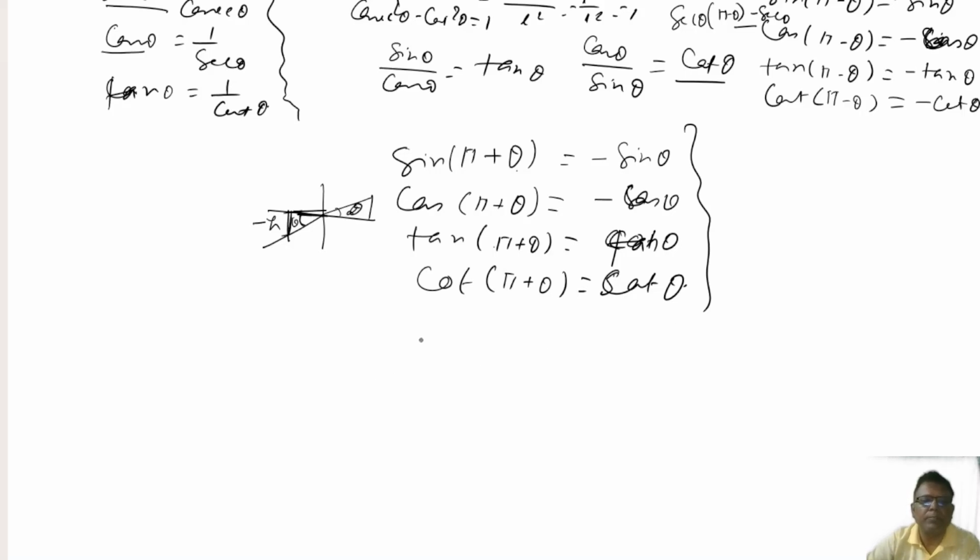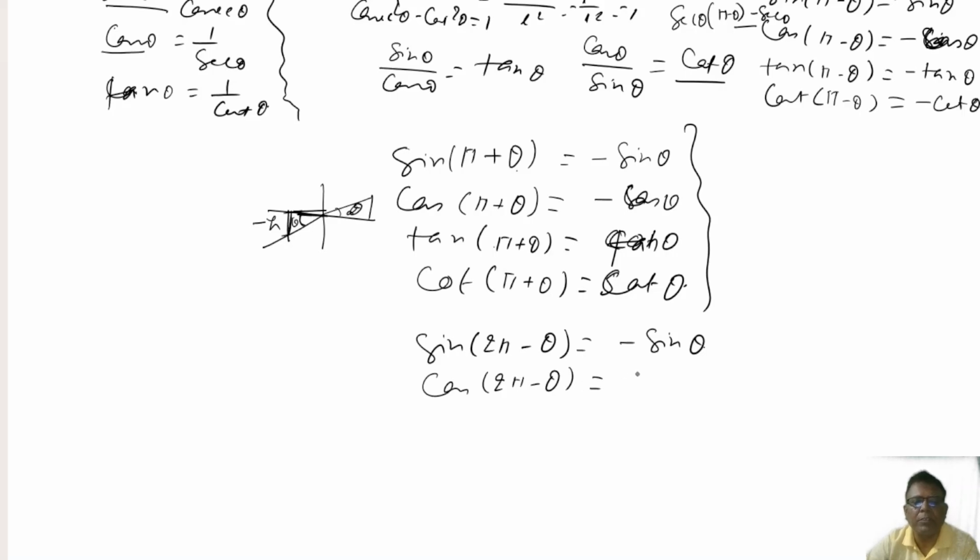What about sine 2 pi minus theta? This will obviously be negative. Why negative? Because h is negative. Cos 2 pi minus theta: here b is positive, so it will be positive. Tan 2 pi minus theta: what will happen here?